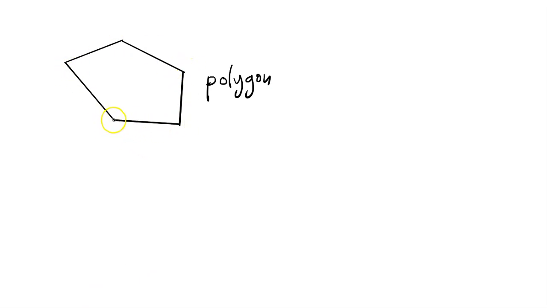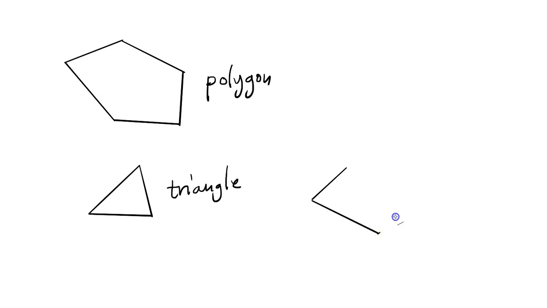So these are edges, these are the vertices. If we have a polygon with 3 sides, then of course it's called a triangle. So a polygon with 3 sides is called a triangle. And if it has 4 sides, then it's called a quadrilateral.